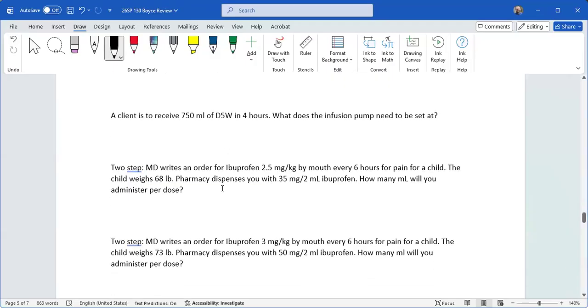The next thing is these two-step questions. These are the next questions that you didn't really see in 110, and these are weight-based questions. Basically all they're asking you to do is account for the patient's weight and then calculate a medication to dispense. So go ahead and work through this one, and let's see if we all get the same answer.